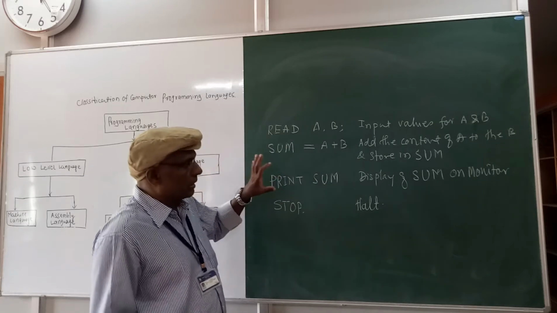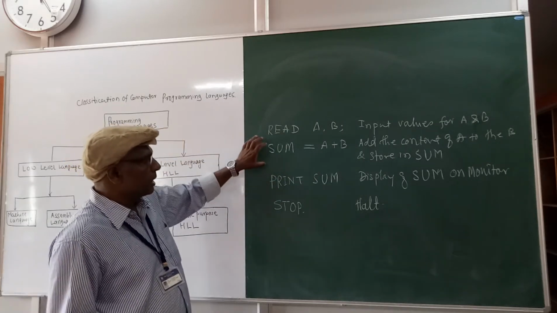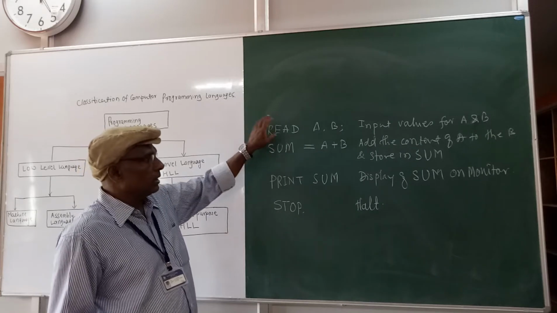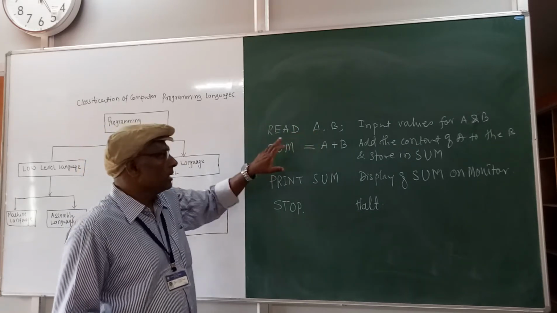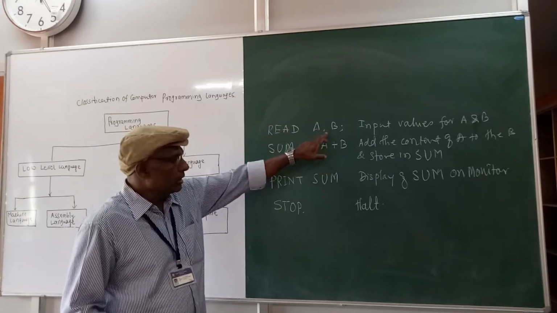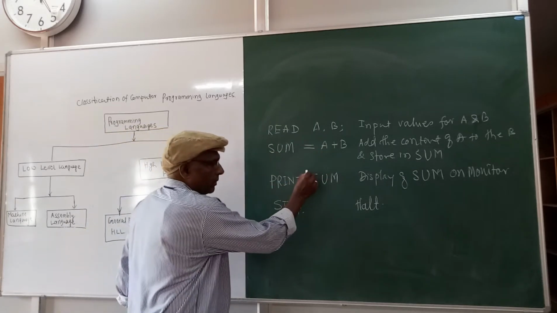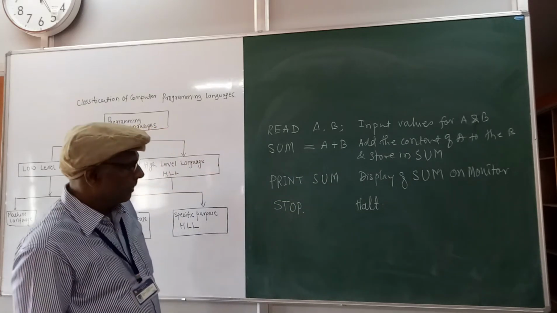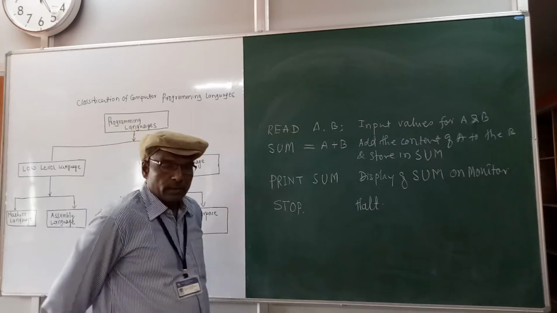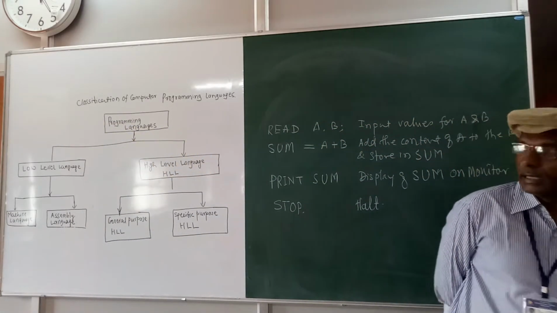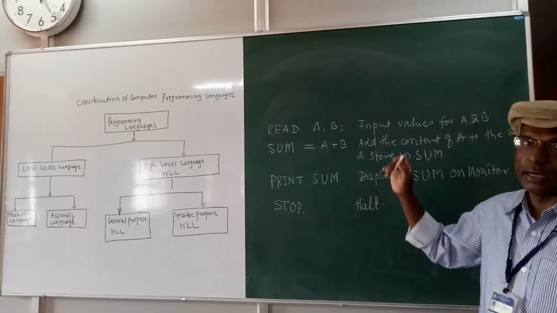See, from this program, a simple set of instructions: read is the input statement for A and B. We have given the operation here using these symbols, and we have asked the computer to sum this. This program is easy for a programmer to write and understand.